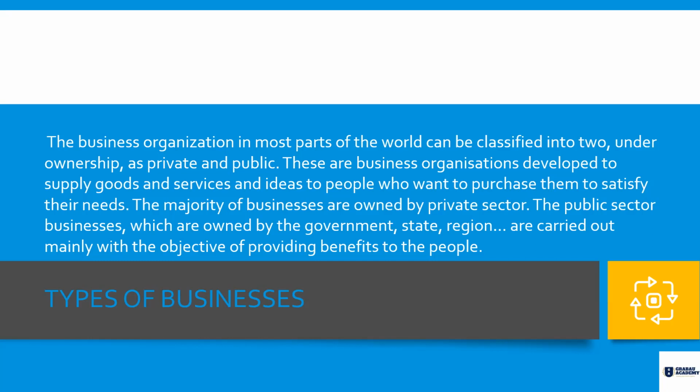So the main difference in this case is that the private one pursues an objective of mainly getting a profit. On the other hand, the public one pursues an objective of providing a benefit to the people, to the community.